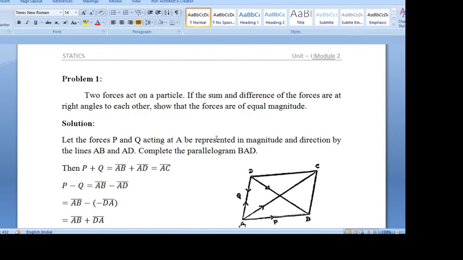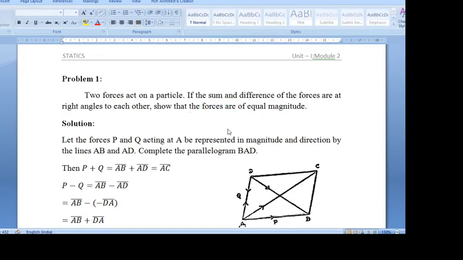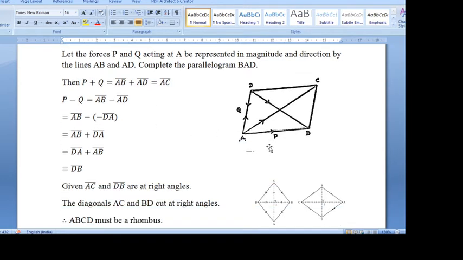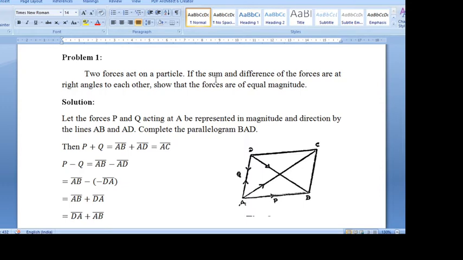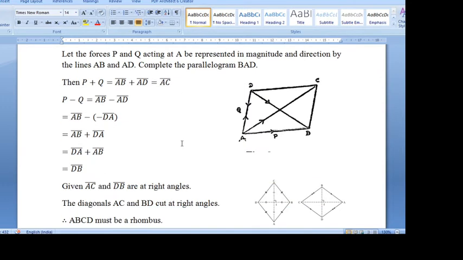But we assumed that the sum and the difference of the two forces are at right angles to each other.